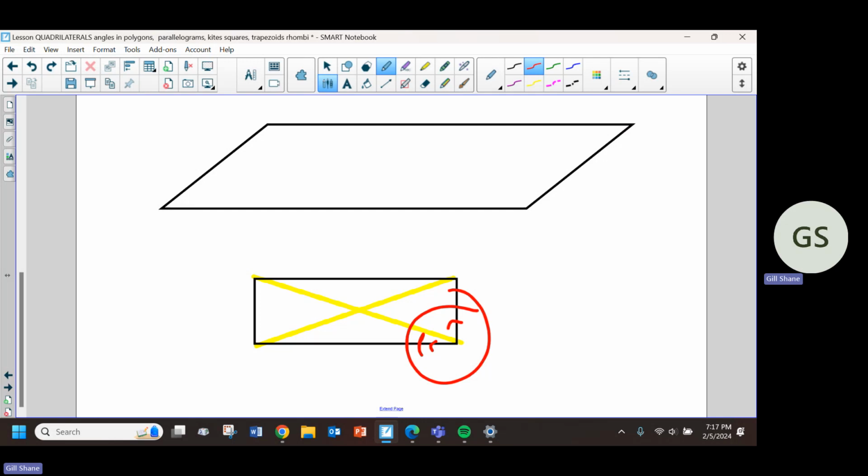And remember, this is a property of a parallelogram. We have two congruent triangles here, and we can prove that out if we really wanted to, but this is a congruent triangle with this triangle here. So there are congruent angles, it's just not the ones that are right next to each other. This one over here would be congruent to this one.